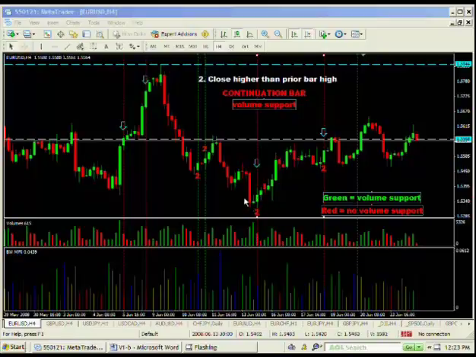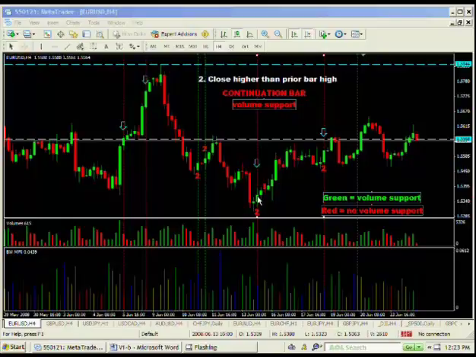And my Laws of Charts and Men students, you will recognize that this bar also forms a bullish pivot. This is a bullish pivot bar. And sometimes we have questions whether we should play a pivot which has a lower volume, which is not supported by higher volume, or not.